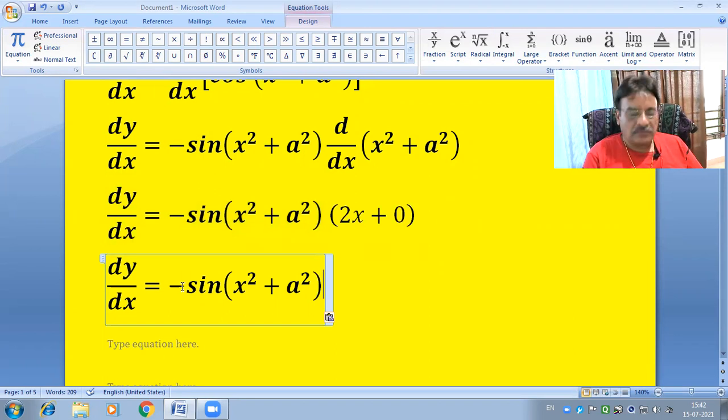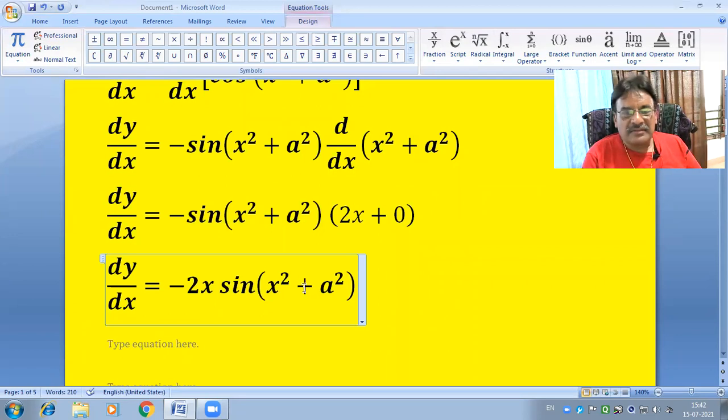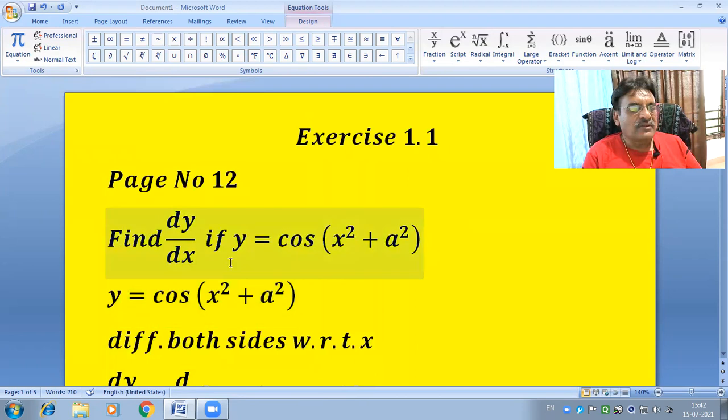So we get minus 2x into sin (x square plus a square), and this is the required derivative of the given function y is equal to cos of (x square plus a square). In this way, we solve the first problem in Exercise 1.1, page number 12.